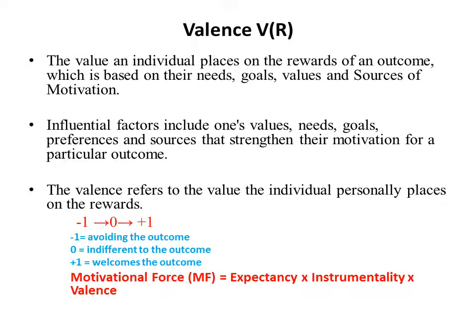Now, the third parameter is valence. It is the value an individual places on the reward of an outcome, which is based on their needs, goals, values, and sources of motivation. So this is the third parameter required for motivation.